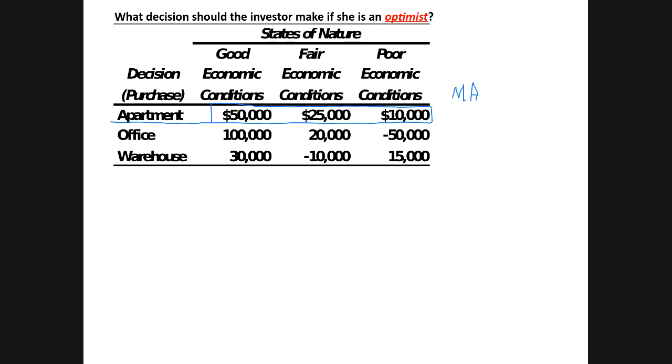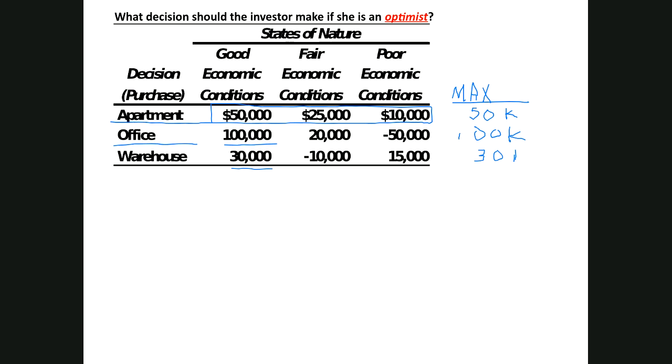For the apartment, the maximum return is $50,000. We do the same thing for each option. For the office, that is $100,000. And for the warehouse, the best return is $30,000.